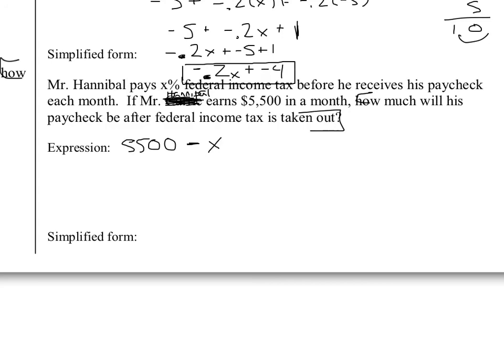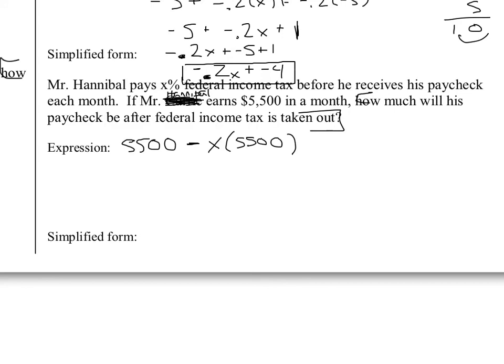And we can't just subtract the percent. It needs to be a percent of something. So the X is the percent of what? Yeah, it's the percent of what we started with.